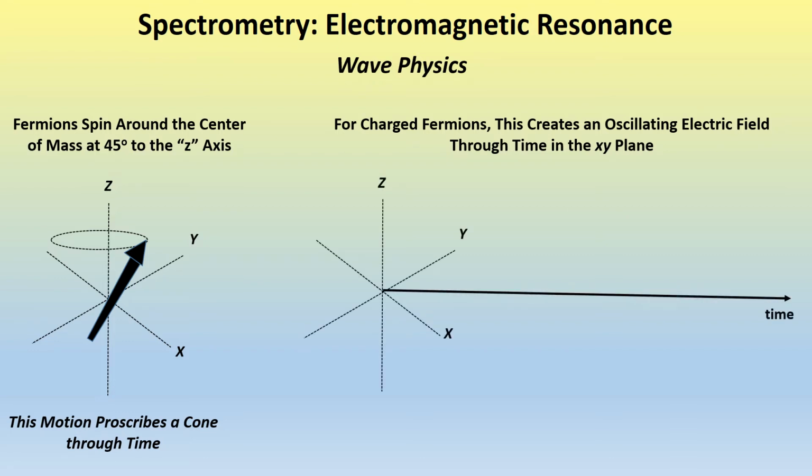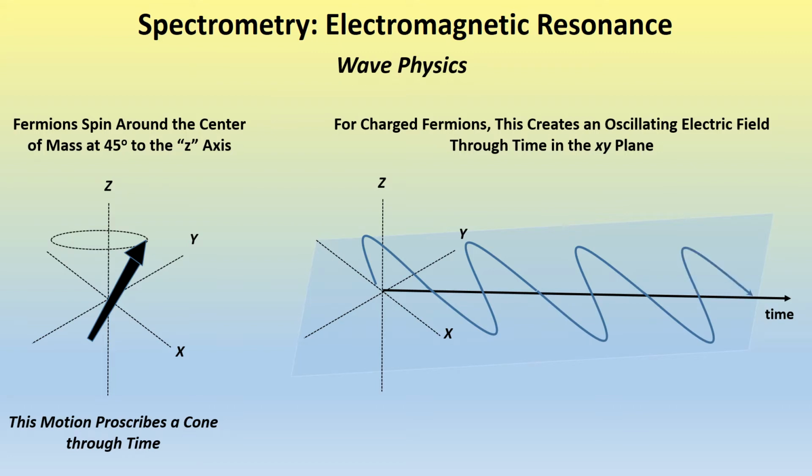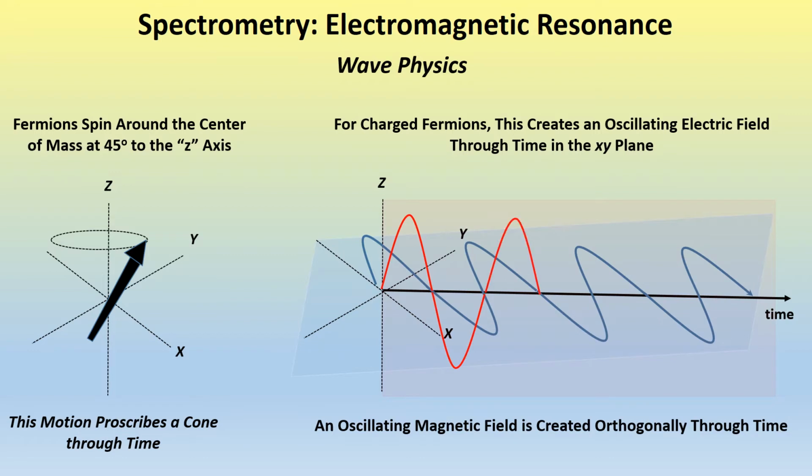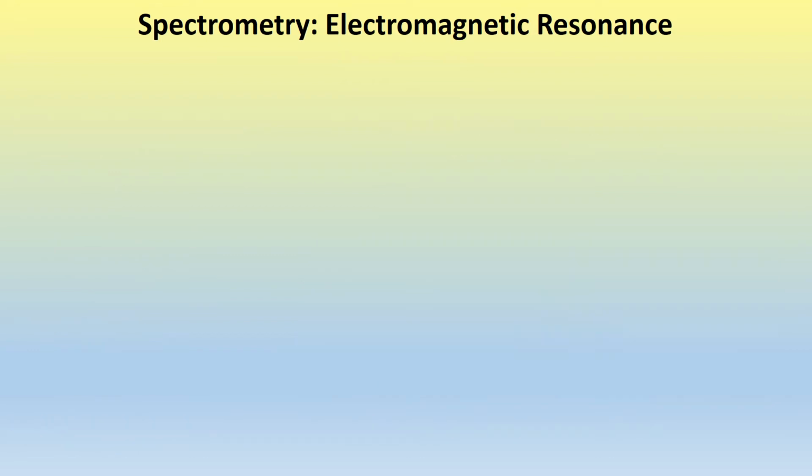And again, through classical physics, an oscillating magnetic field is created orthogonally through the yz plane. This oscillating magnetic field is central to electromagnetic resonance spectrometry.